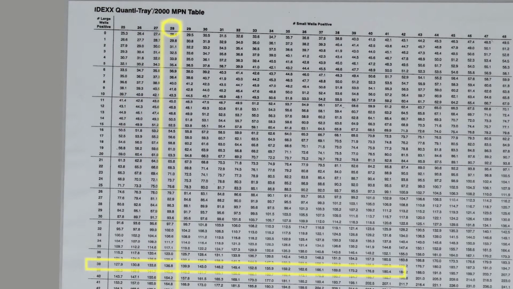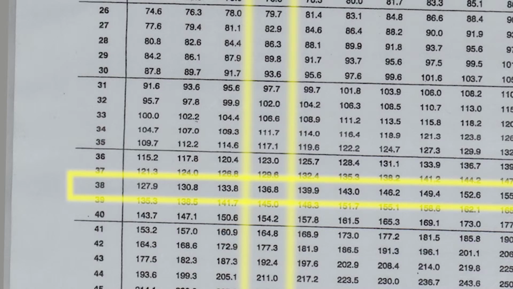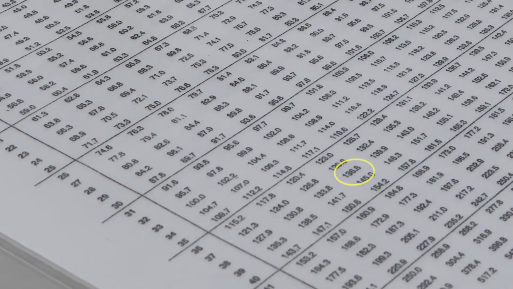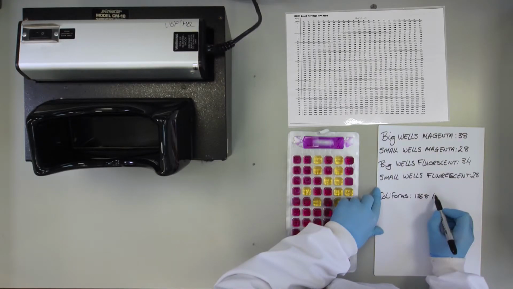Where this line intersects, a line drawn vertically from the number of small wells, the MPN of coliforms per 100 mL is given. Note that the MPN values are given in numbers per 100 mL.